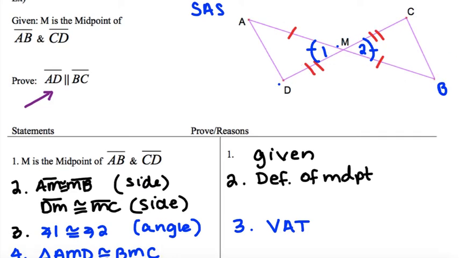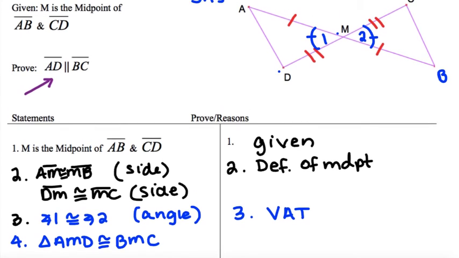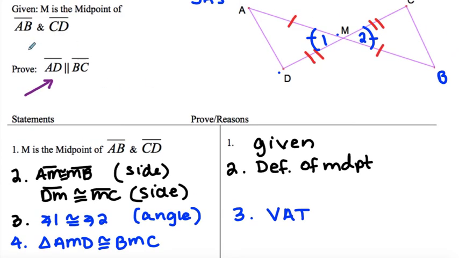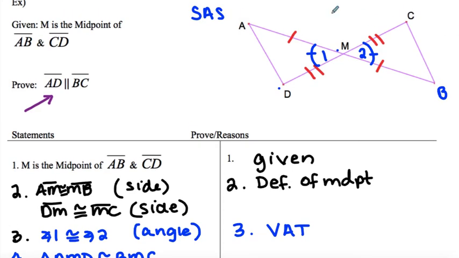Now if I want to prove the lines are parallel, I need to prove either alternate interior angles are congruent or corresponding angles are congruent. In looking at this hourglass proof, remember, if I can prove angle A and angle B are congruent, well, that forms the Z. Then the lines would be parallel by the alternate interior angle theorem converse.